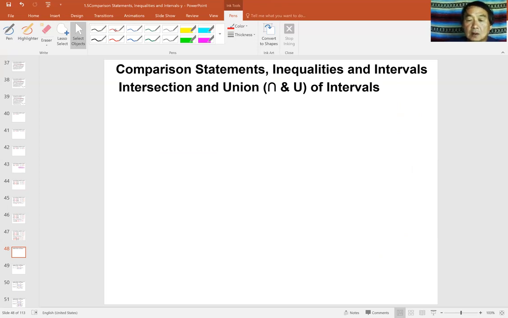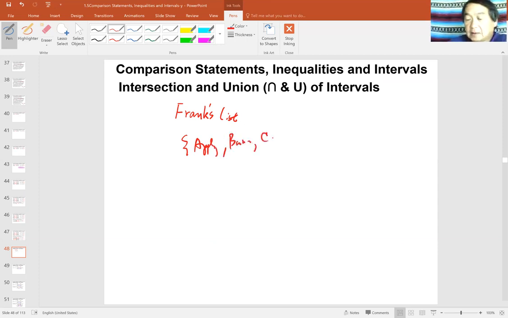One thing we can do with these interval sets is intersections and unions. What are intersections and unions? Let me start with something simple. Suppose I have a grocery list. Here's Frank's list: apple, banana, carrots.